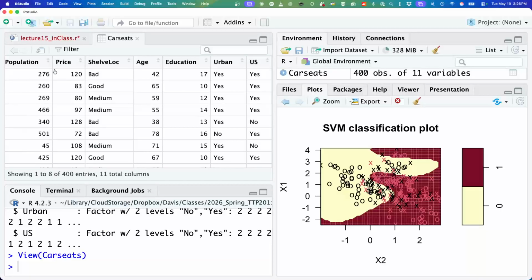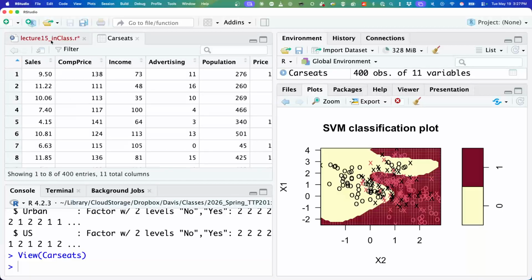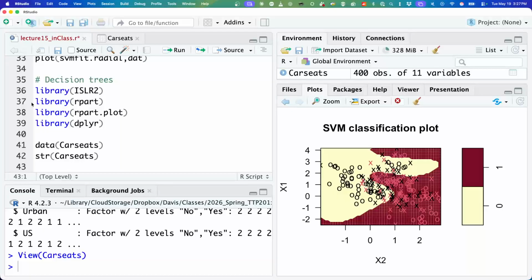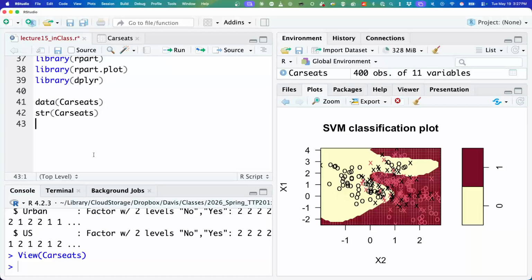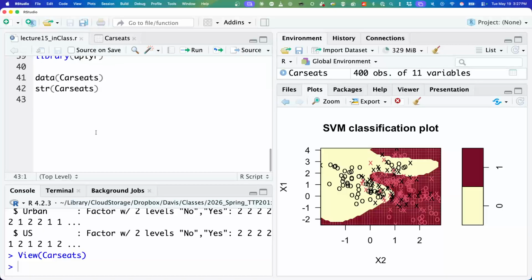So we have a bunch of different variables that may help to explain how much is being sold. Okay.